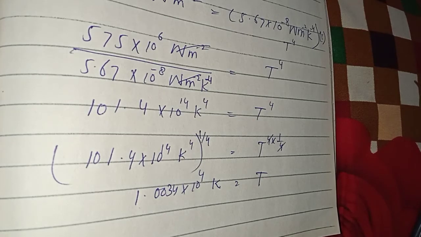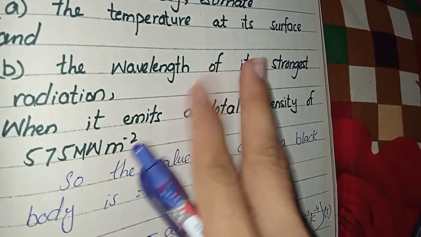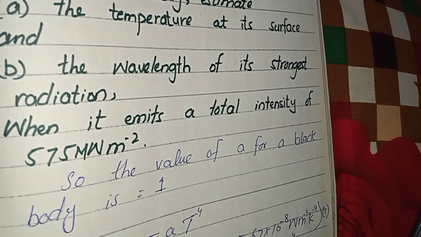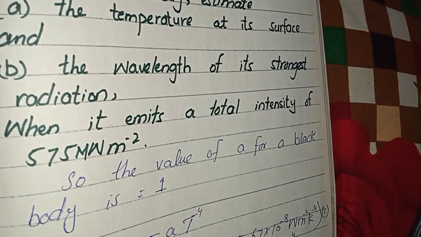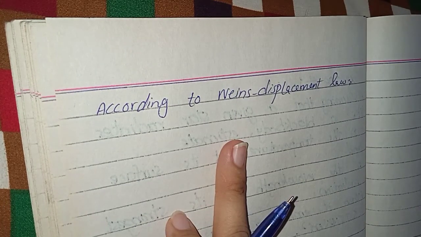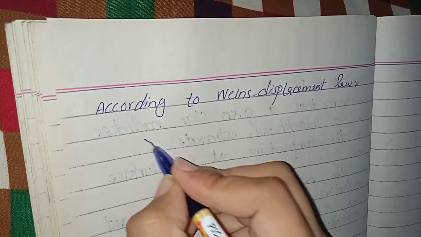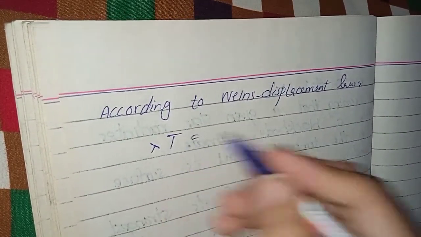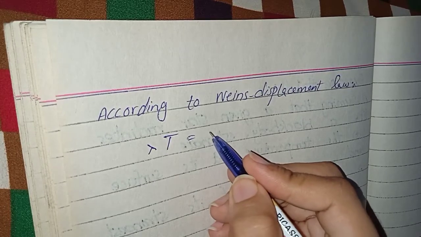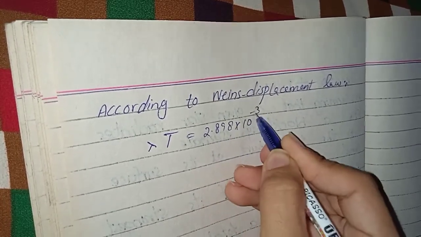Now let's move towards part B of this question, in which we have to find the wavelength for the strongest radiation. Okay, let's start. According to Wien's displacement law, if you want to find wavelength, then you have to use this formula: lambda multiplied with temperature is equal to the Wien's displacement constant, 2.898 into 10 raised to power minus 3.